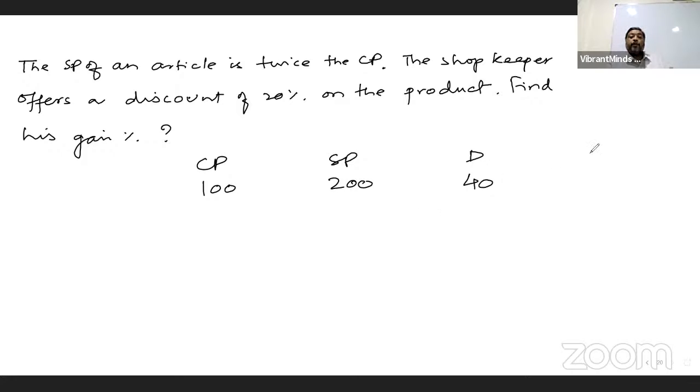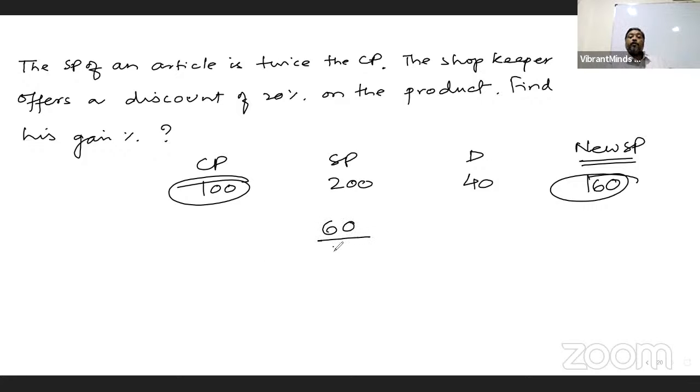So what is the new selling price? 160. So investment is 100 and this is 160. So 60 rupees is the profit over 100 investment, and that is 60%. Now, guys, can I say it is getting clear?